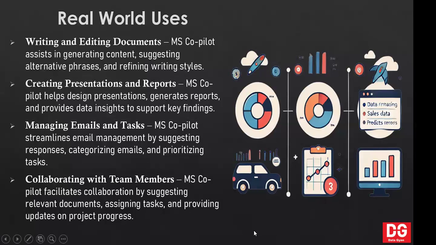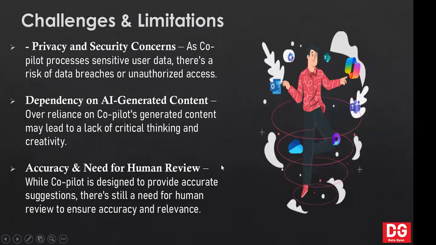Since Copilot has so many benefits or advantages, there are certain challenges and limitations too. Let us look into that. As I already mentioned, in spite of having so many benefits, there are certain limitations of using Copilot. Of course, no technology is perfect.